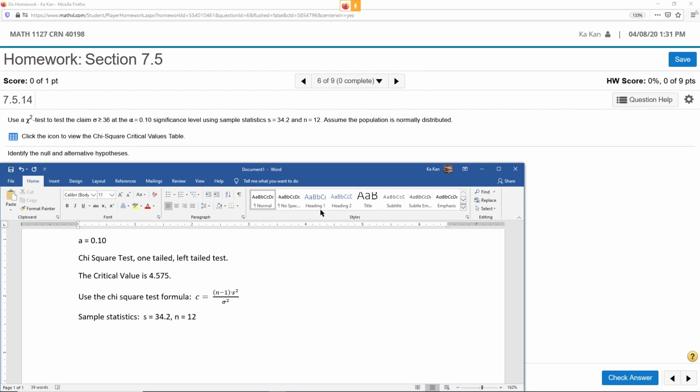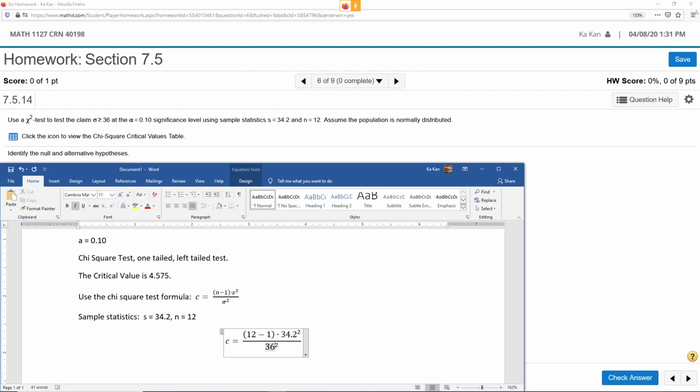All you gotta do is plug it in. So I'm gonna copy this right here. Basically we have 12 minus 1, the sample standard deviation is 34.2, and the population standard deviation is 36.